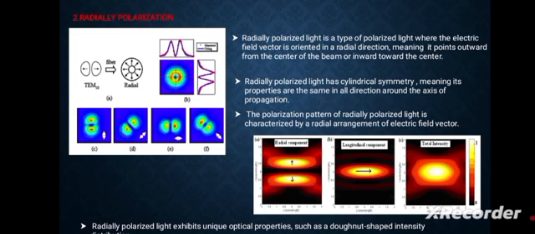Radially polarized light has cylindrical symmetry, meaning its properties are the same in all directions around the axis of propagation. The polarization pattern of radially polarized light is characterized by a radial arrangement of electric field vectors. Radially polarized light exhibits unique optical properties such as a donut-shaped intensity.